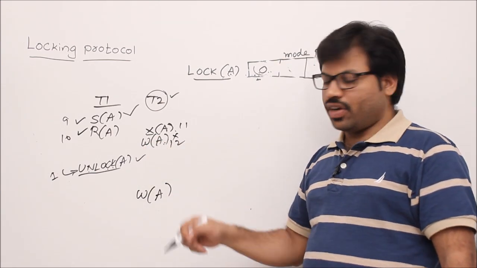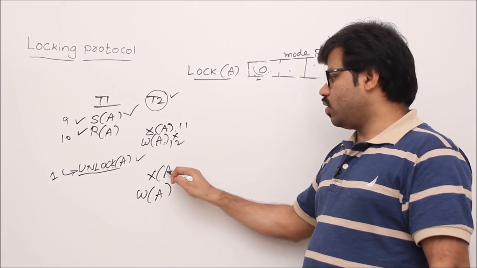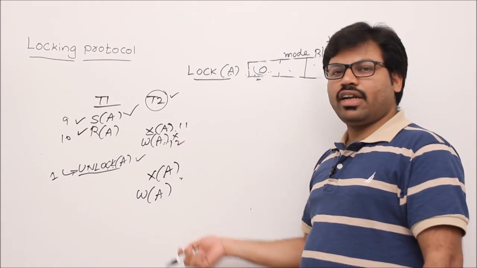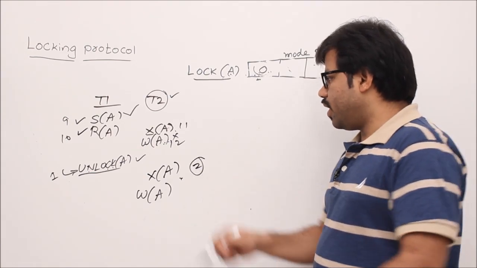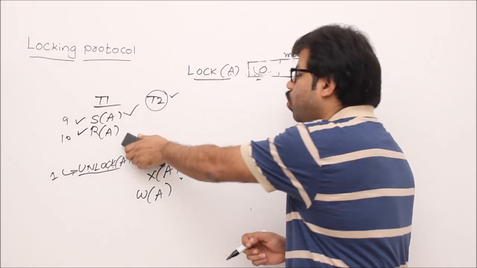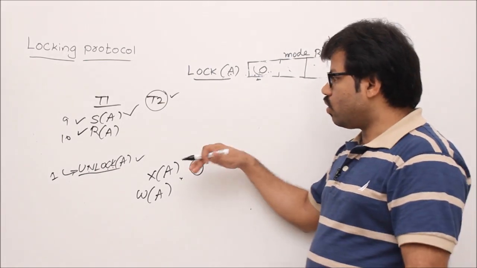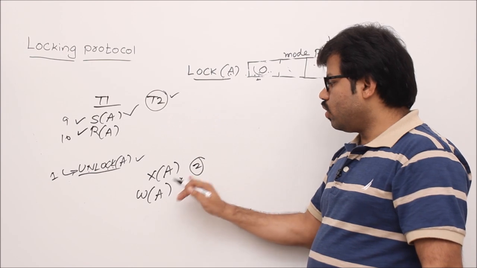But before that, your DBMS will again try to acquire exclusive lock of A. Same story, but we are doing it again at 2 o'clock. So this set of instructions has been postponed. In that way we are ensuring concurrency. Slowly we moved this instruction to 2 o'clock.